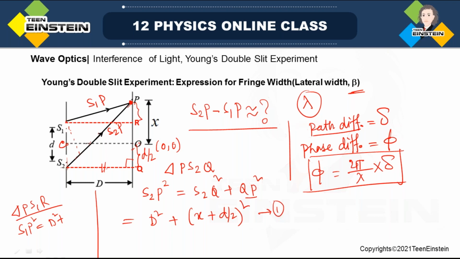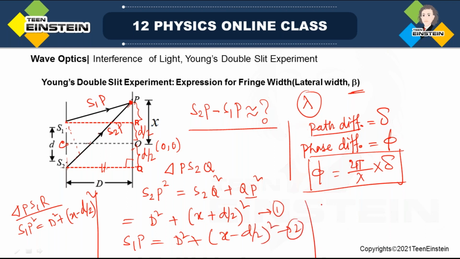PR square means PO minus, see this is also actually D by 2, according to this geometry. So this much will be X minus D by 2, whole square. So S1P square is equal to D square plus X minus D by 2 whole square. This is equation number 2.